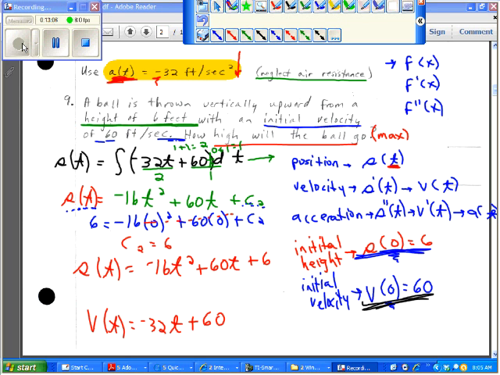Now, let's just analyze that from the standpoint of what we did at the first of the year. I'm going to remove my v of t. What is the 6? That is the initial position, right? And what is this? It's your velocity, but it's actually your gain in position, right?